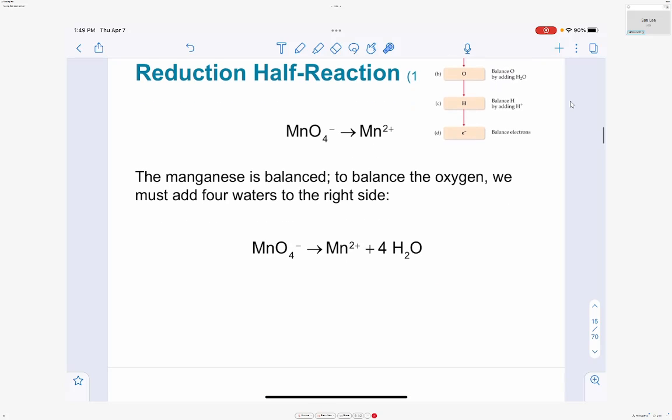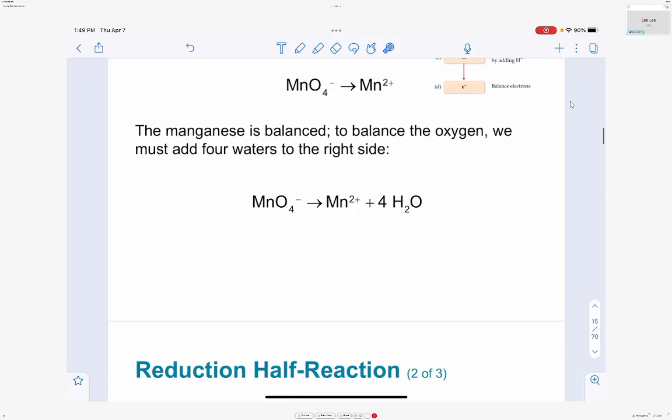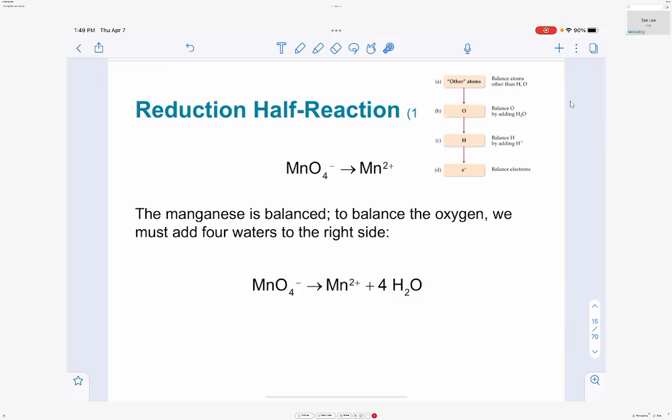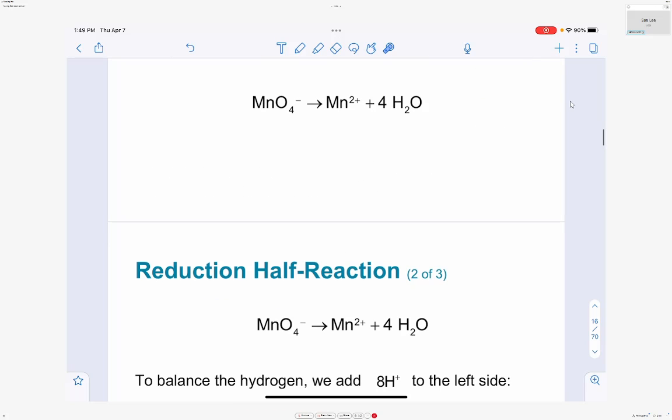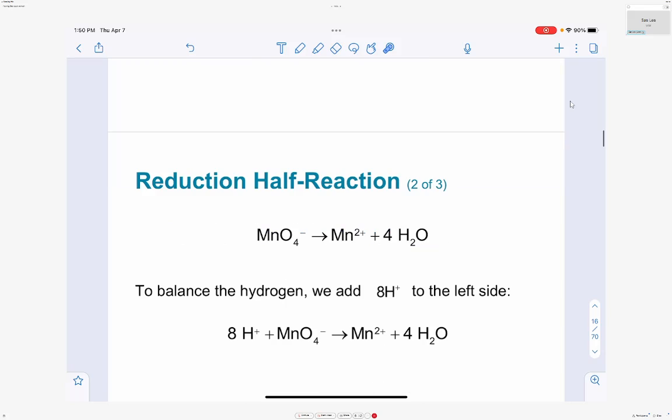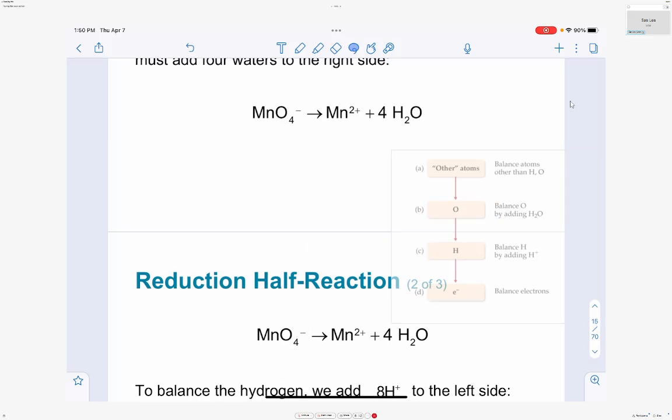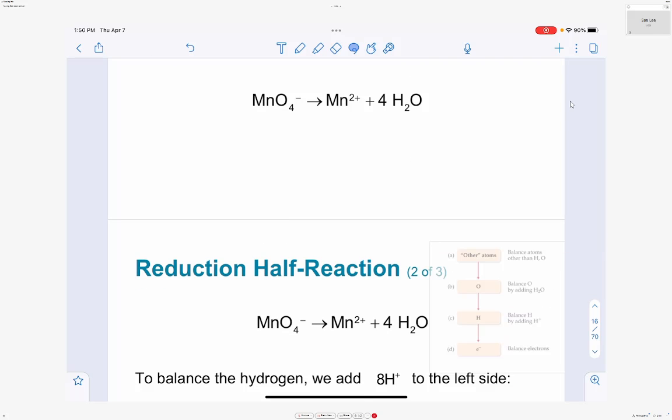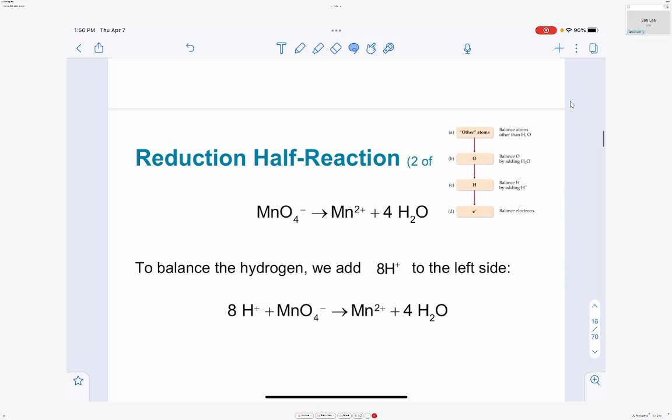Okay, so now the oxygen is balanced, we will move on to balancing hydrogens. Due to the addition of these 4 water, you have increased the number of hydrogen on the right side.